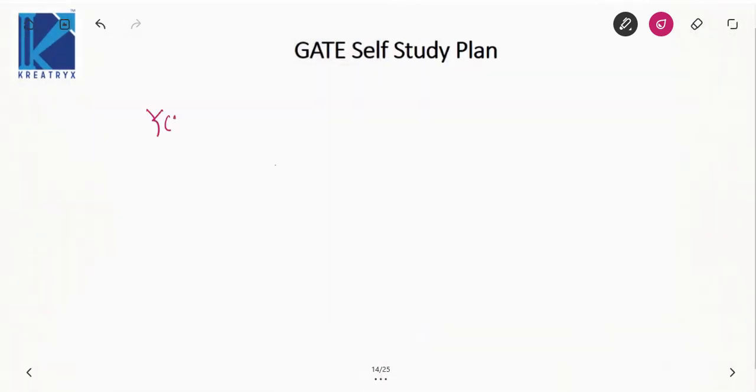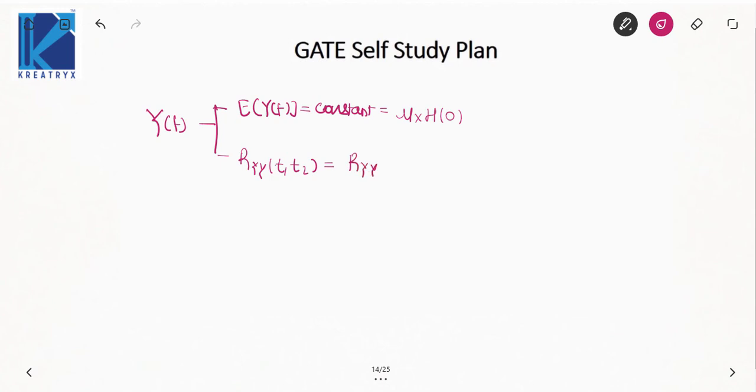So the conclusions for y of t came out as: the expectation of y of t is a constant value which is equal to mu of x h of 0, and the autocorrelation function of y of t came out as a function of the time differences.